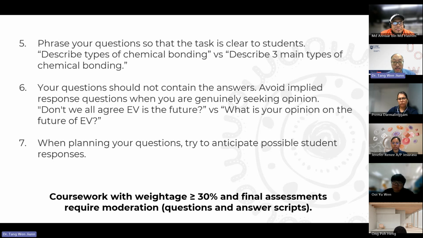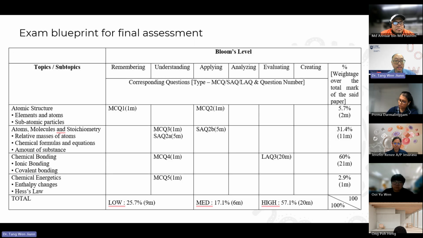Next is blueprints. This is a document. Basically, the blueprint will tell us how difficult or easy the paper is, or whether or not the questions we set align with the levels of the paper.